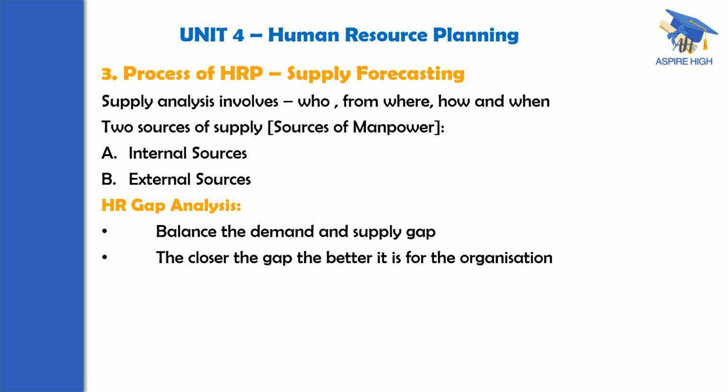But for all practical purposes, the closer the gap, the better it is for the organization, that we expect that adequate supply is there in relation to the demand. As I just now said, in most cases, for one position, nowadays even 100 people are going to compete. So that type of supply is there, but it may not be there in certain sectors and also with certain skill sets.